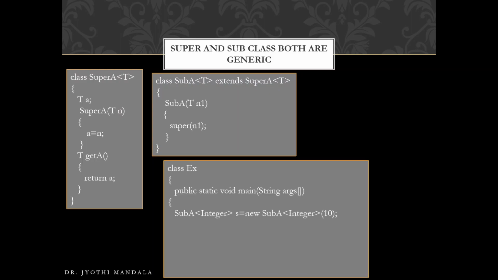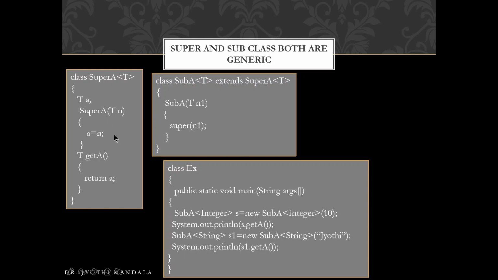Now when in the main method you are creating an object of a, you can create an object which is of integer, or else you can create an object of the subclass which is of string type. So this will work for anything, and you can pass whatever value you are getting, because this can accept the integer value and string value whatever you are passing. So if you run this program, you will get an output of 10 and Jyoti.